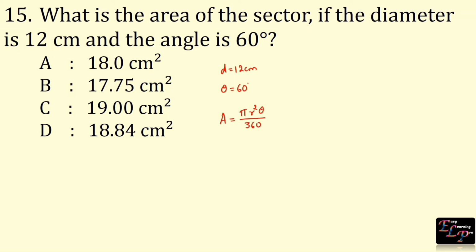Here diameter value is given, so the radius will be half of diameter, which is 6 centimeter. Now substitute the values. Pi is 3.14 into radius 6, so 6 square into angle 60 divided by 360.